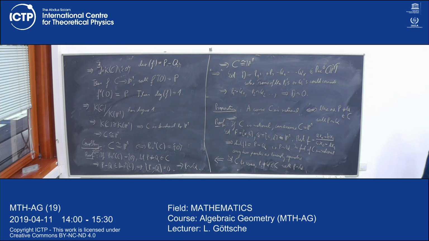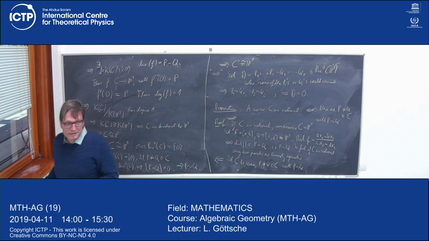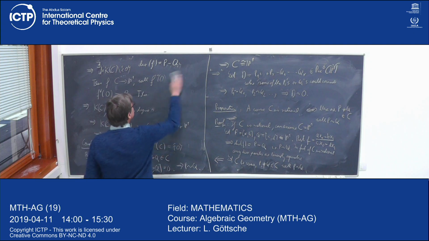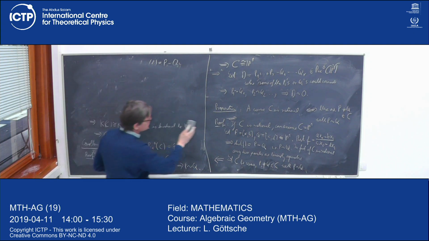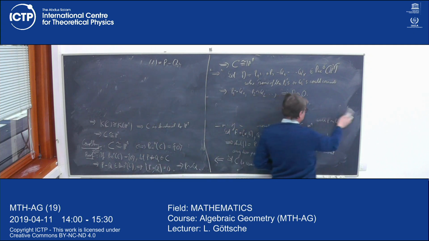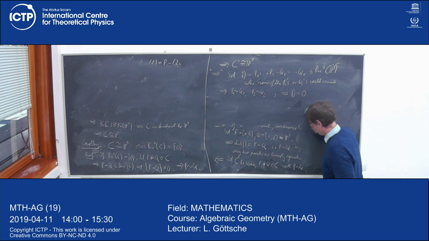We have not shown that not every non-singular curve is isomorphic to P1. That could in theory be so. But we will see, if I have time later, that there are many other curves, infinitely many different isomorphism classes. In fact, it's much more complicated. But at least we can distinguish P1 from anything else.